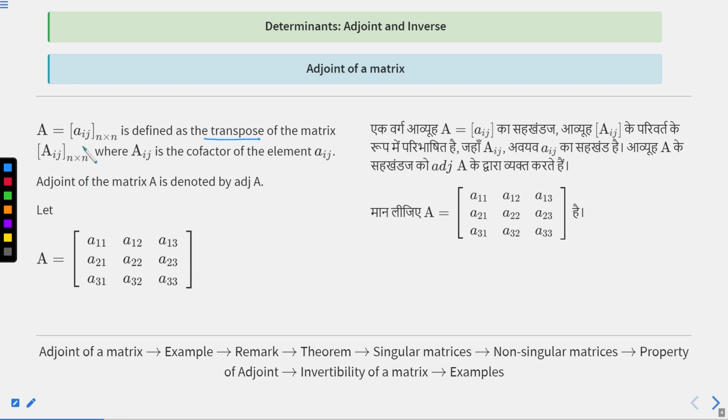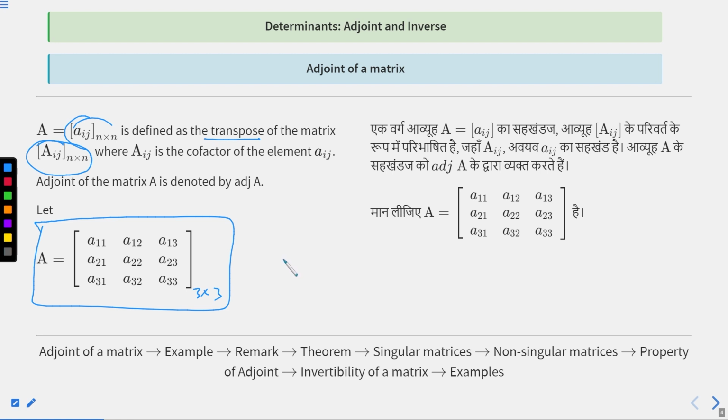Now, the adjoint of a matrix A of order n is defined as the transpose of a matrix. What matrix? The matrix of cofactor entries. So, if A is a 3 cross 3 matrix, first you have to evaluate your cofactors.